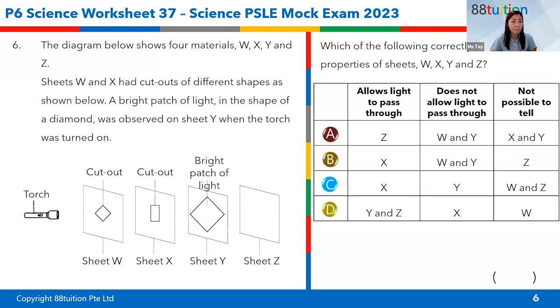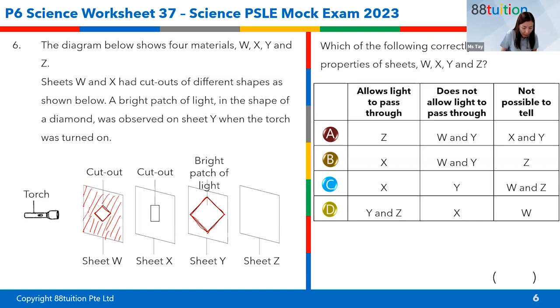The diamond cutout is here on W. So if you can see the bright patch here, that means it is following the cutout in sheet W. So obviously sheet W is probably made of opaque material like cardboard, etc.